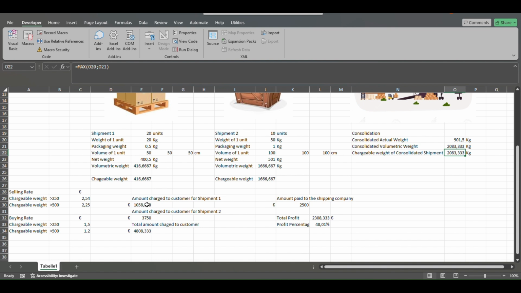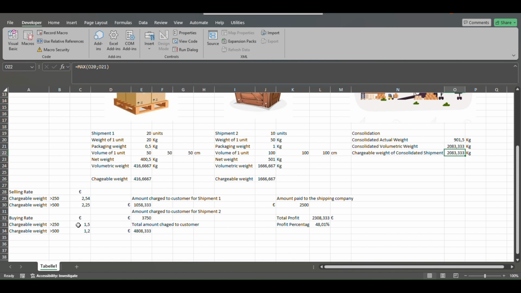The buying rate from the shipping company is going to be lower than the selling rate the logistics company has for its customers. So the buying rate here: if the chargeable weight is between 250 and 500 kilograms, it is going to be 1.5 euros per chargeable kilogram.